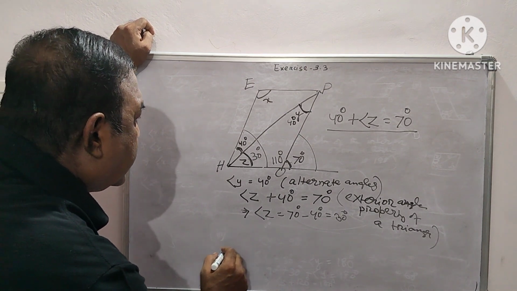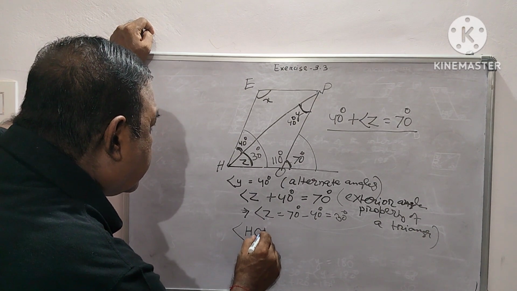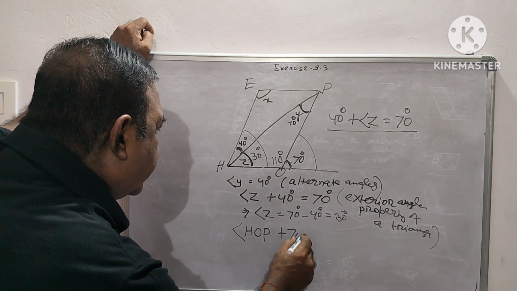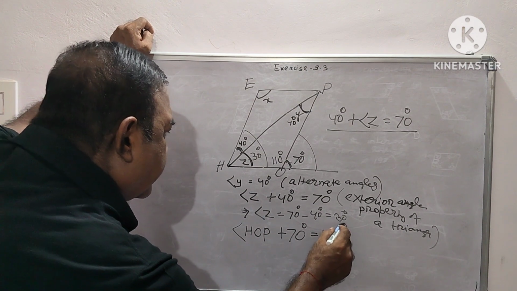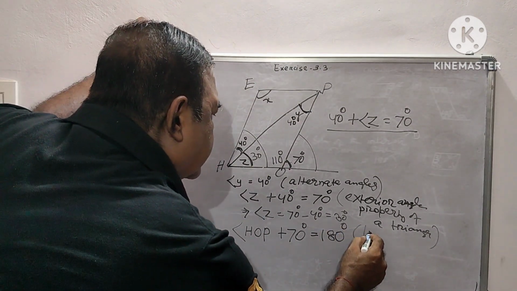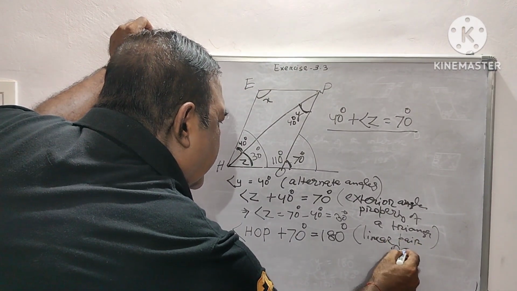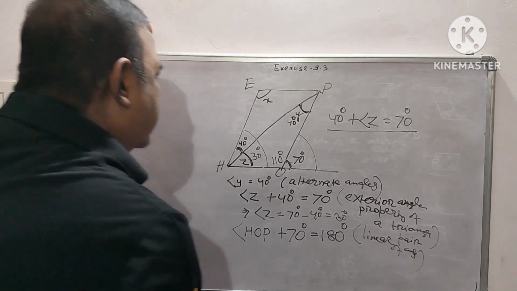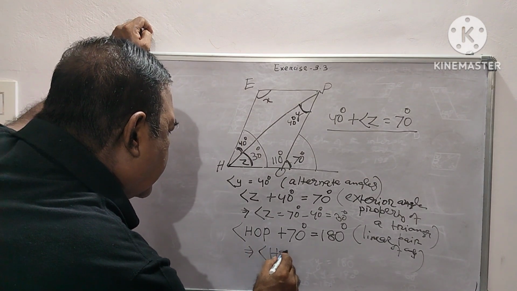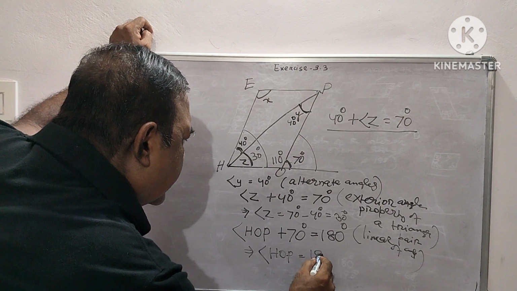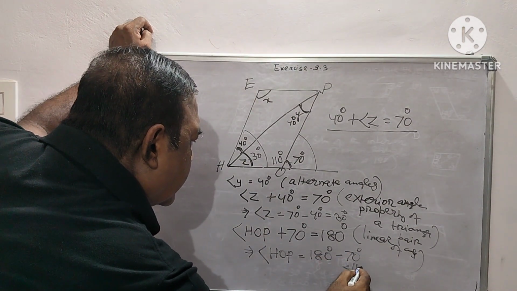Okay, that is HOP plus 70 degree is equal to 180 degree, linear pair of angles. Linear pair of angles. That implies HOP angle measures 180 degree minus 70 degree, that is equal to 110 degree.